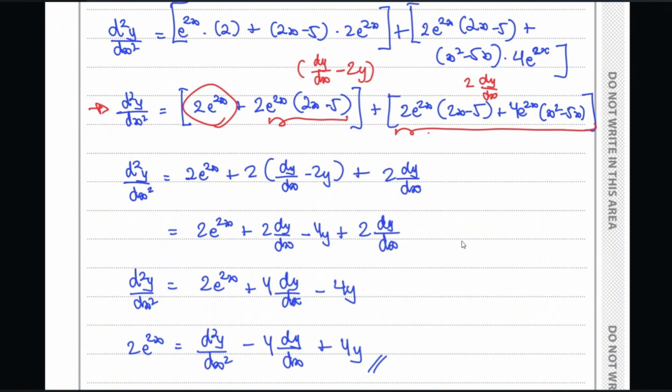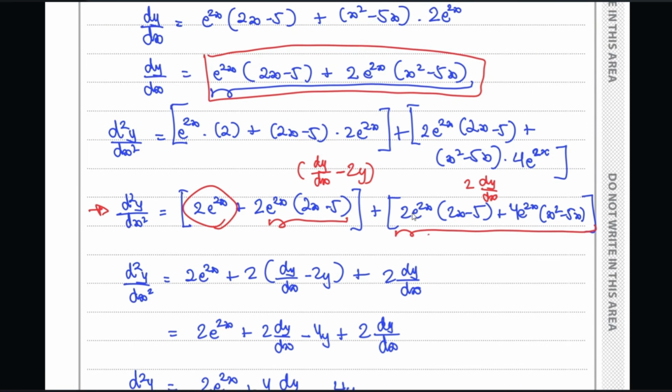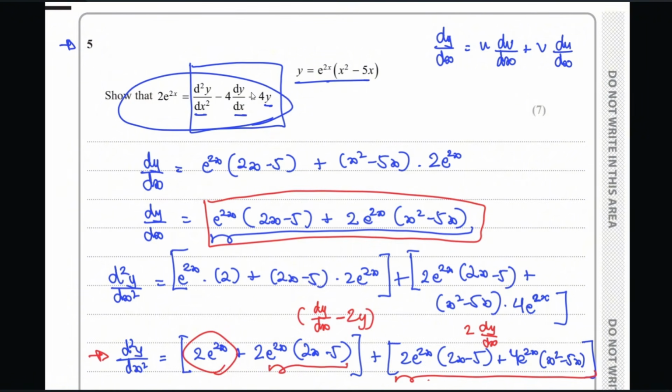So this can be very difficult. In case you don't want to do this method, you could also just simplify the right-hand side by replacing the expressions that we found. So the expressions for d squared y over dx squared can be substituted there. The expression for dy by dx can be substituted there. The expression for y can be substituted there.